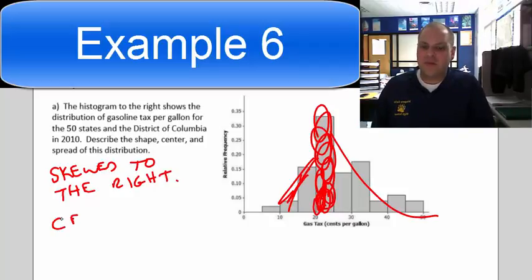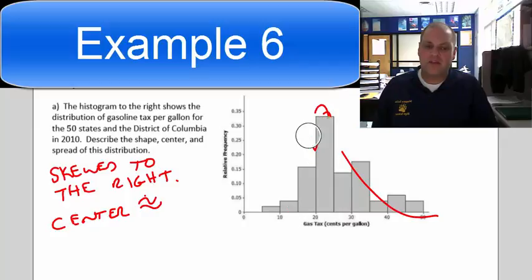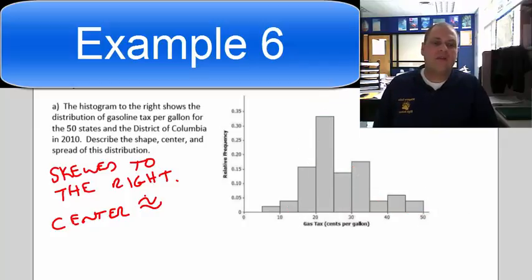The center, we're going to use an approximate symbol. We're approximating. We can't say for sure. Everyone's going to have a different answer here while you're watching the video. There is not one right answer here, okay? I say the center is somewhere around 25, 23 maybe.